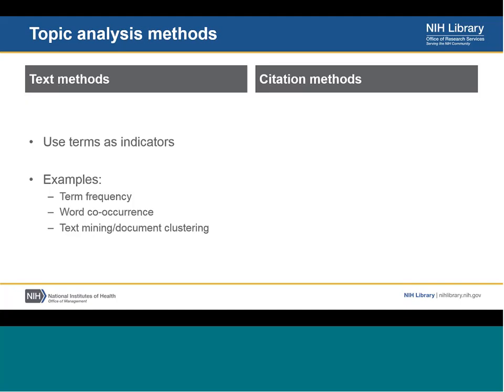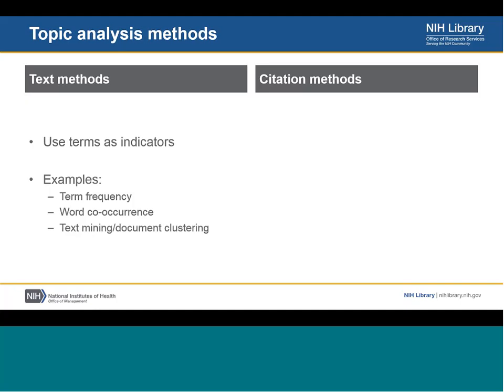And then there's a whole family of text mining approaches, document clustering approaches, all kinds of things like that, where it's more in depth around analyzing the terms, sentiments, phrases, all kinds of things that actually appear within either the titles, the abstracts, or the full text of particular documents. Again, that's an entire family of approaches, which I'm not really going to talk about here today, but I just wanted to let you know that there are a huge number of those types of algorithms out there. That's kind of where they all fall in the grand scheme of things.